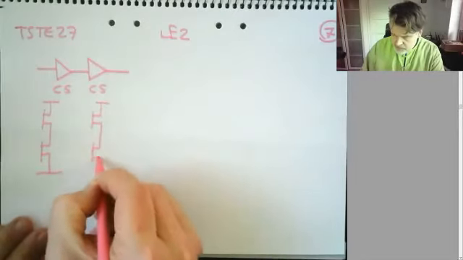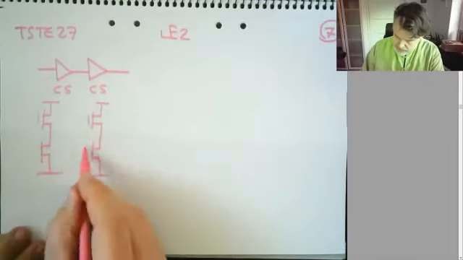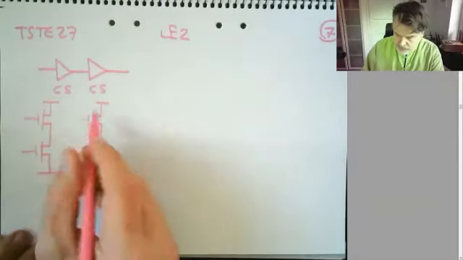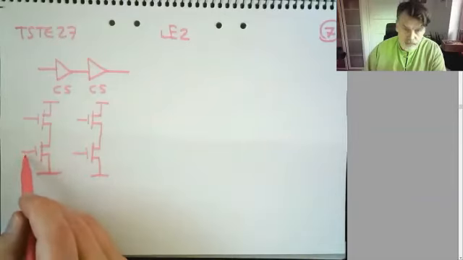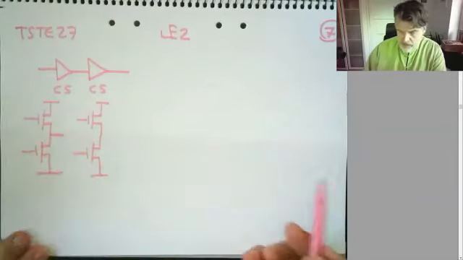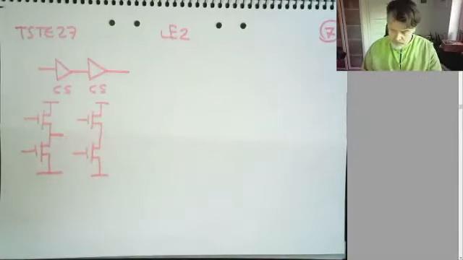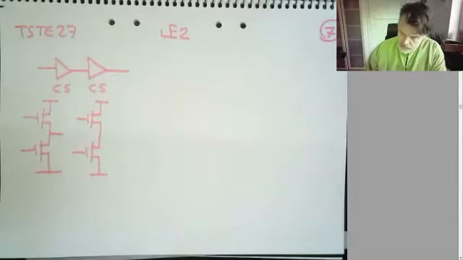If I like, I can take these two common source stages like this, and dependent on what I want to achieve as a closed system, I could, for example, put my input signal here, and I can take the output and connect that to the common source stages.